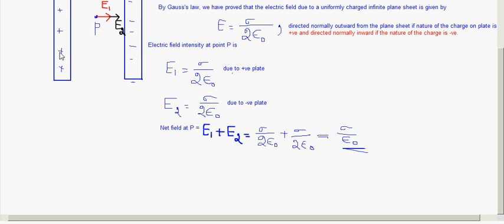So when we have two infinite plates placed parallel to each other, a uniform electric field is developed between them.